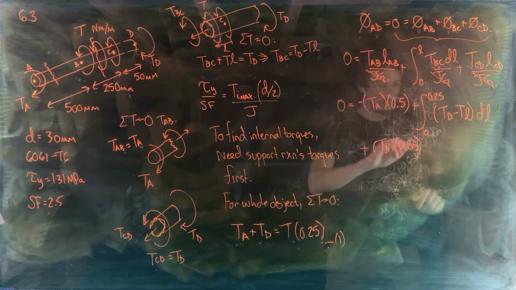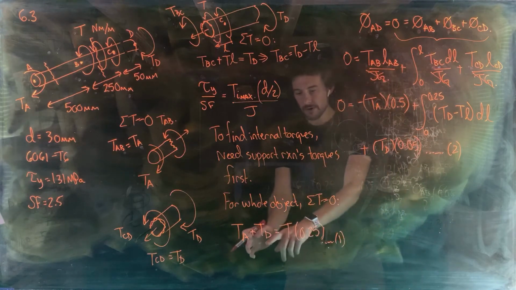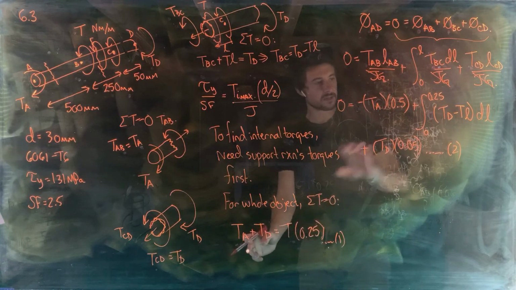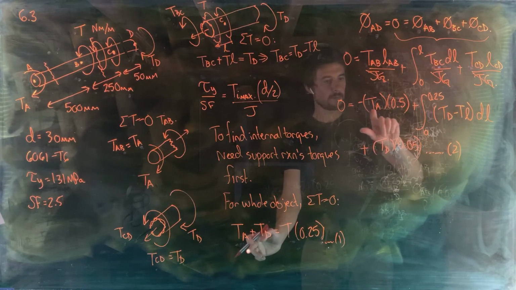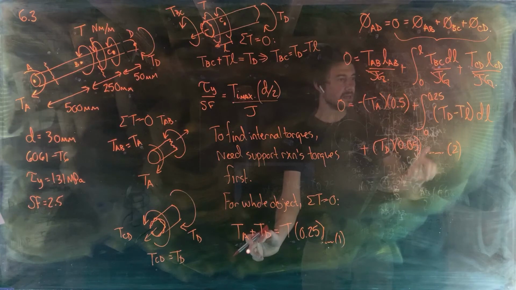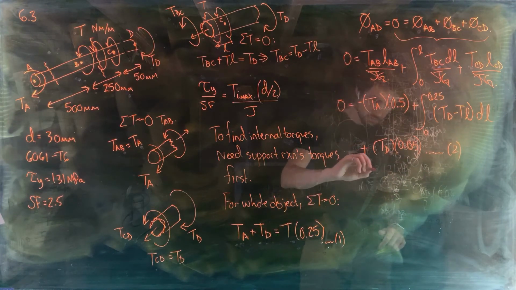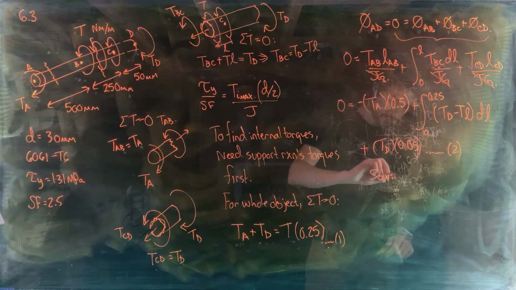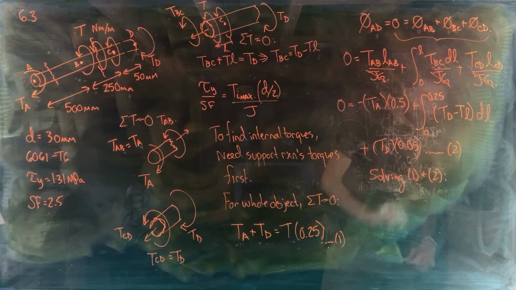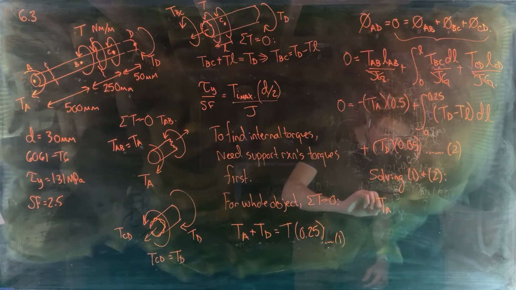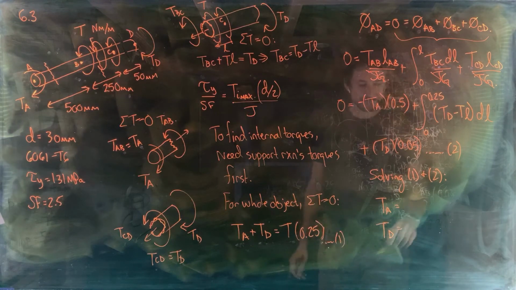Good. We've got two equations now with three variables. So we can solve those two equations together to be able to write both TA and TD in terms of only variable T. So what we do is write solving 1 and 2 together gives us TA equals, TD equals.